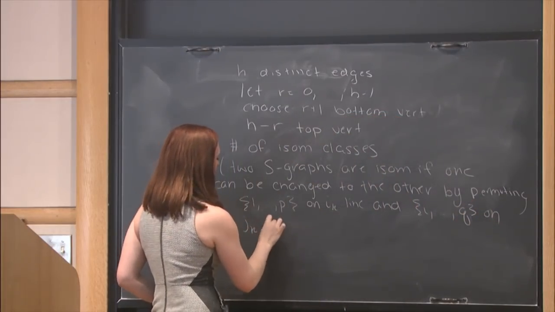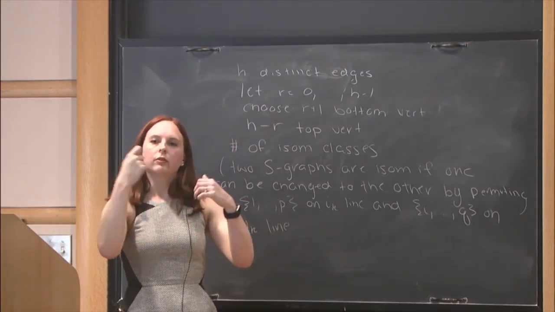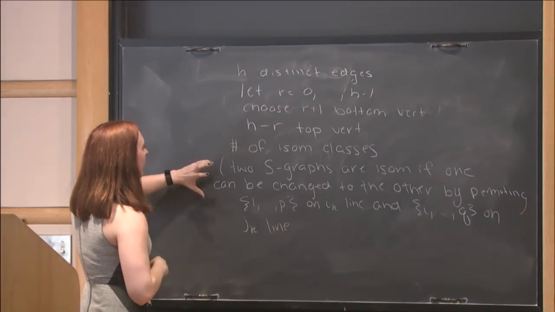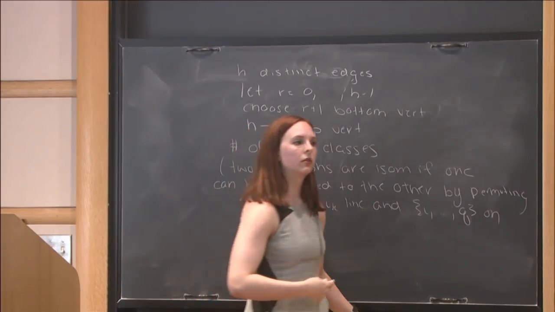So that is, two S graphs are isomorphic if I'm just changing the labelings, really, of the vertices at the top. All right. So the way I count up the number of isomorphism classes, I count up the number of ways I can lay down the edges.